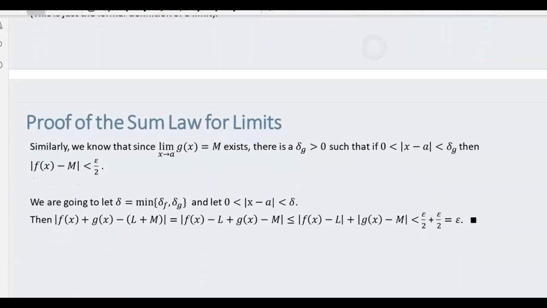Similarly, because the limit of g exists, there's a delta sub g. So this is a different neighborhood around A related to the function g, so that if we choose any x values in that area, we'll be able to keep the y values within a certain neighborhood, less than epsilon over 2 away from the limit.